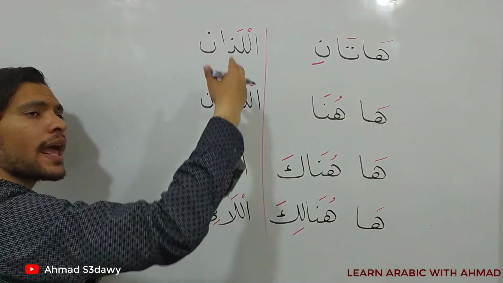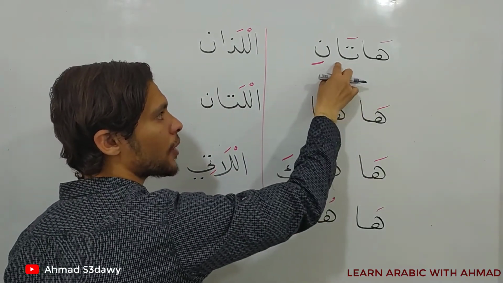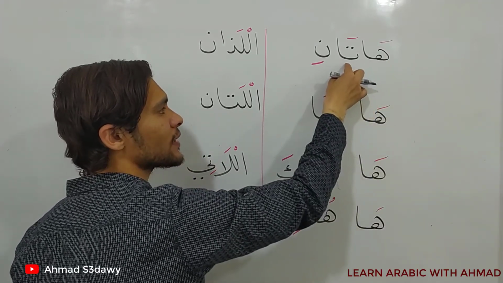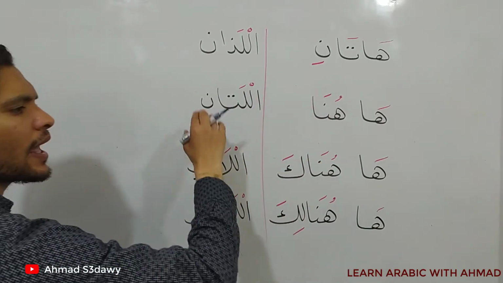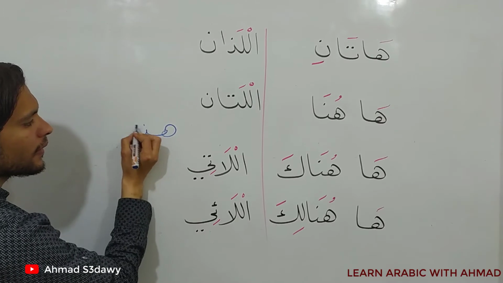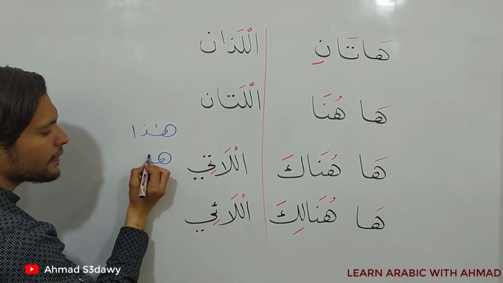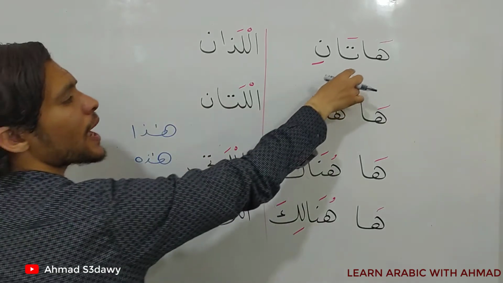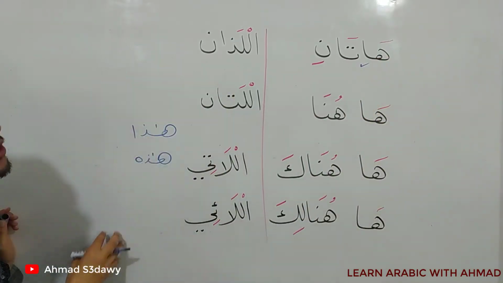Here there is a long vowel with alif, here a long vowel with alif, so you lengthen this fatha, so you say ha, you lengthen this fatha on the ta, so you say te, and then you say ni. Ha, te, ni. And you know that هذا, there is alif here, we don't write it. هذه, alif here, we don't write it. But when it comes to هاتان, we have to write this alif. And that's an exception. Bear it in mind.